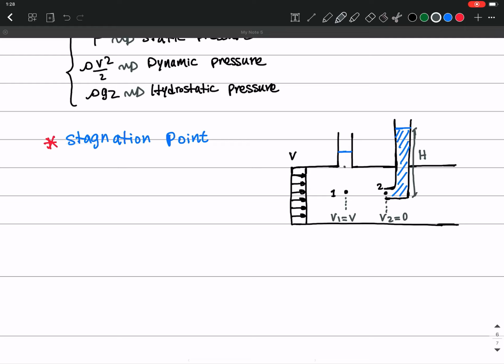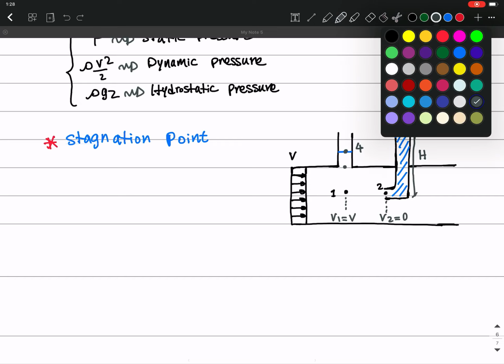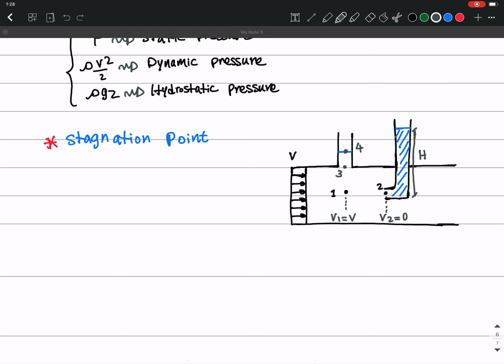And I write this point as point 3 and this point as point 4.